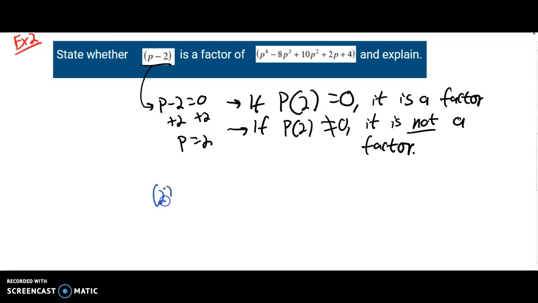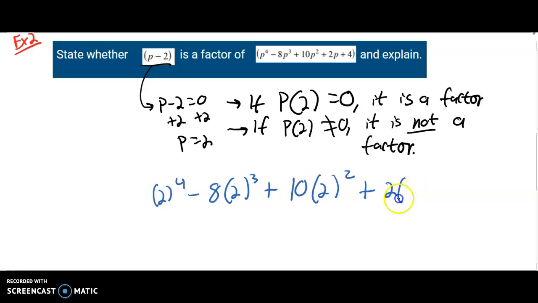So we've got 2 to the 4th minus 8 times 2 cubed plus 10 times 2 squared plus 2 times 2 plus 4.